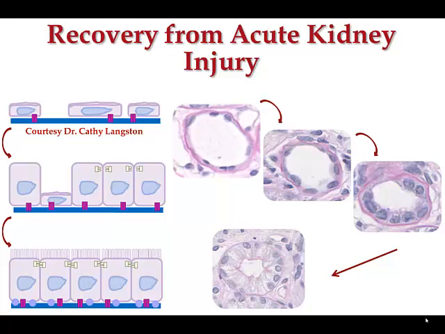We end up with a basement membrane that is sometimes covered by a surviving cell that looks very immature and very non-functional. There are big areas of the basement membrane that have no covering at all, and it's these cells then that have to proliferate and then ultimately mature to develop a functional epithelium that populates the entire nephron and regains functional integrity.